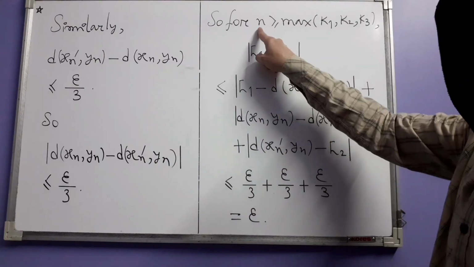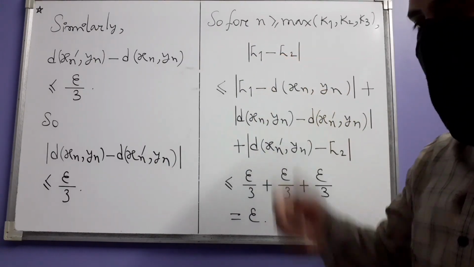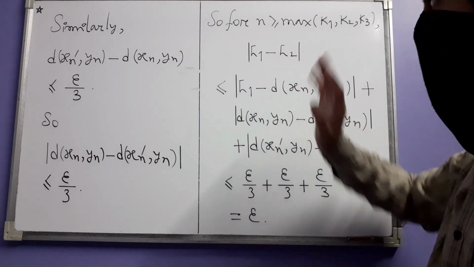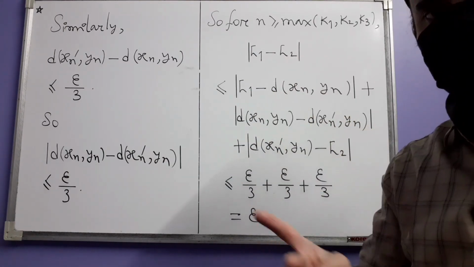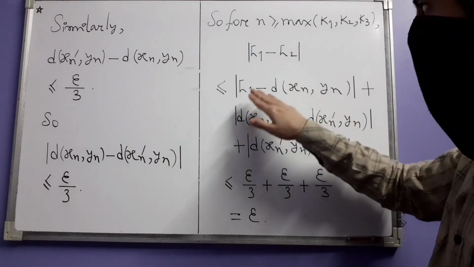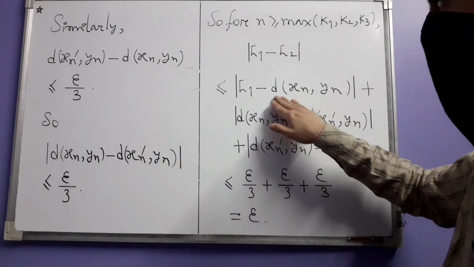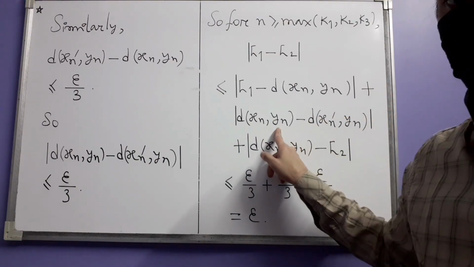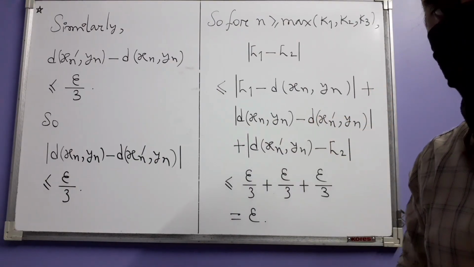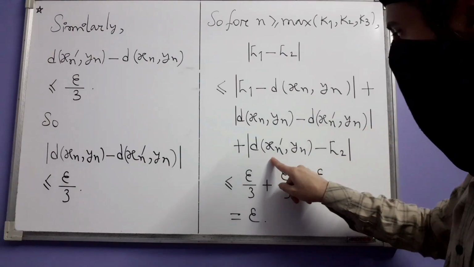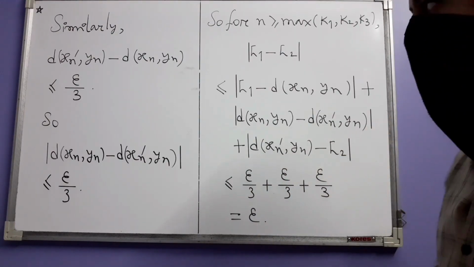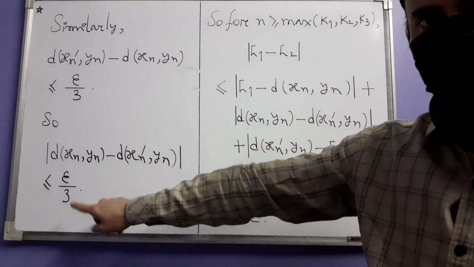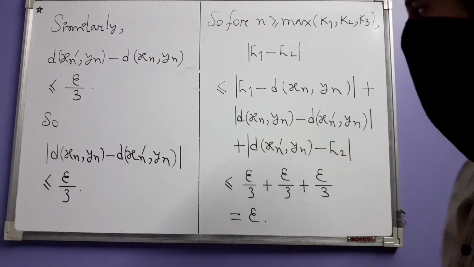So for any such n, next we consider this quantity which initially does not have any n, the absolute value of L1 minus L2. By two applications of triangle inequality, this is less than or equal to the absolute value of L1 minus d of xn comma yn plus the absolute value of d of xn comma yn minus d of xn prime comma yn plus the absolute value of d of xn prime comma yn minus L2. Now this is less than or equal to epsilon over 3 that we have shown just now.